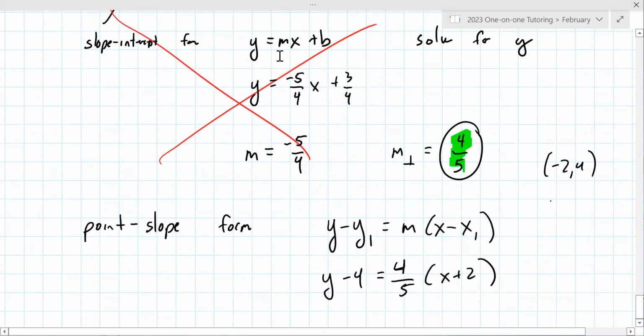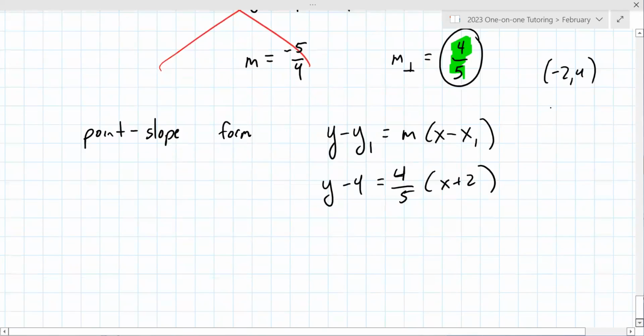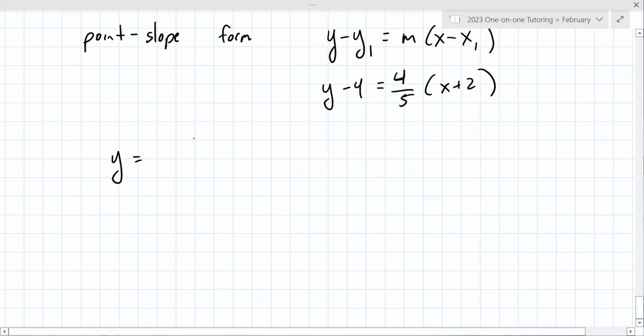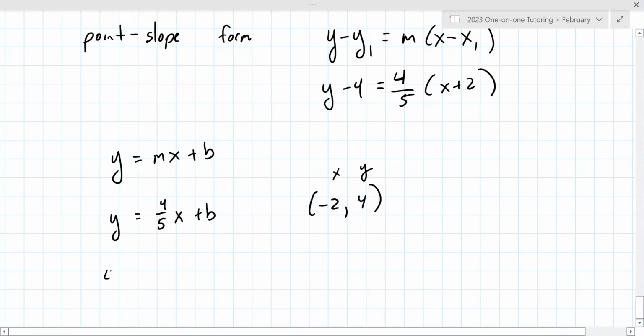We can do that if you would like. So let's say you're like, hey, Matthew, I really want to use y equals mx plus b. I'm like, okay, y equals 4/5 x plus b. Use that point, -2, 4, and you're using that point for x and y. So 4 equals 4/5 times -2 plus b.